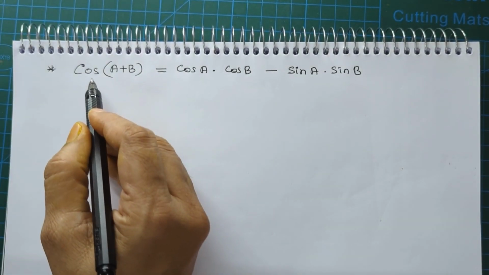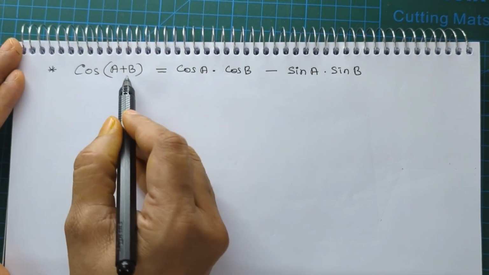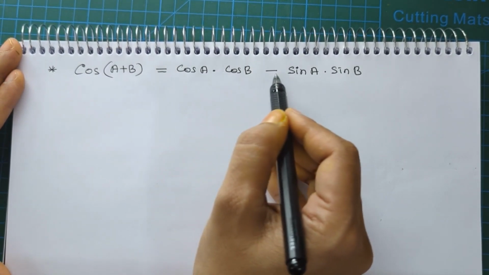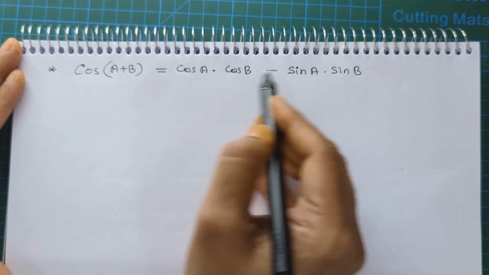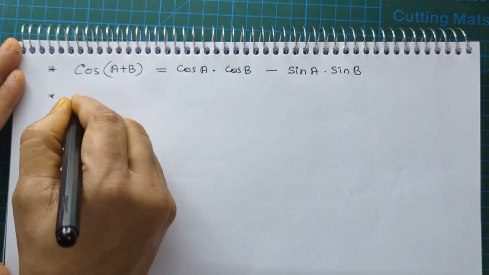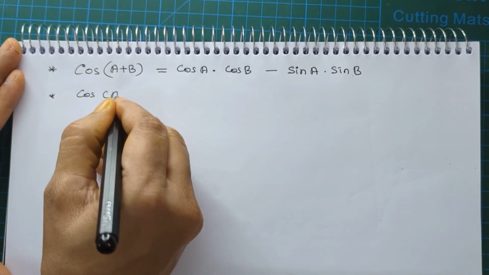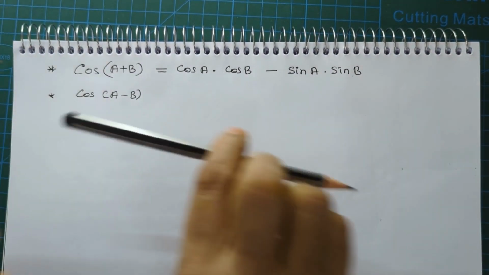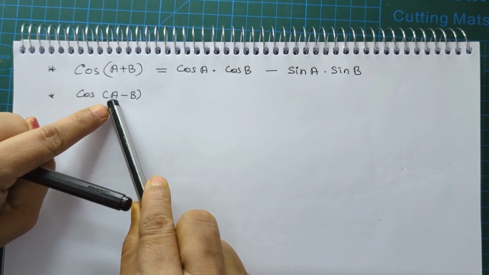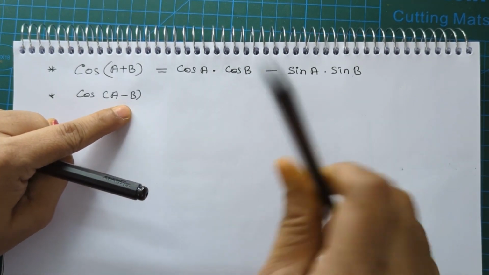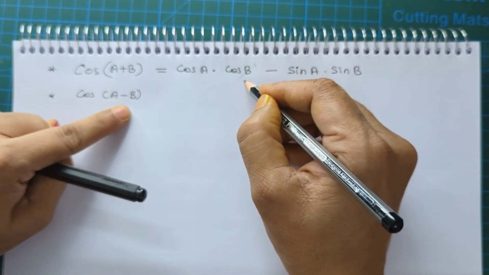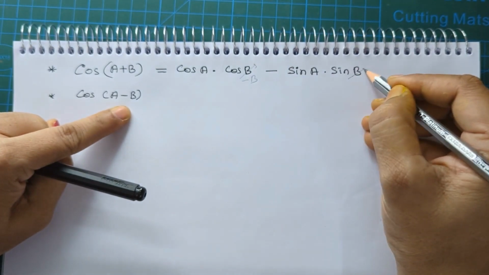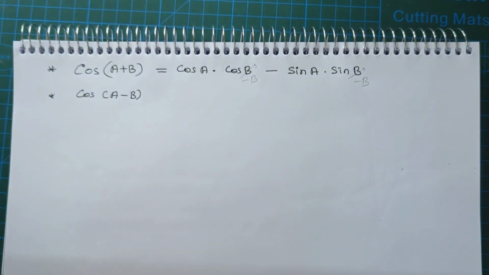So the first identity in this chapter is cos A plus B, which is cos A cos B minus sin A sin B. Now the second identity is cos A minus B. How to find cos A minus B? It is like cos A plus of minus B, so wherever we see B, we will write minus B to get this identity.